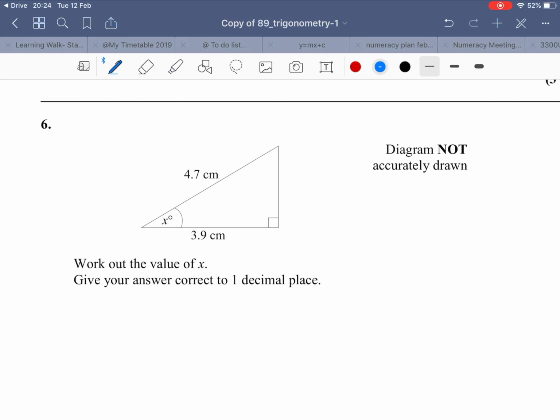Question 6. Finding an angle again. Label it. Opposite. Hypotenuse. Adjacent. Opposite is no good. A and H belong to cos.